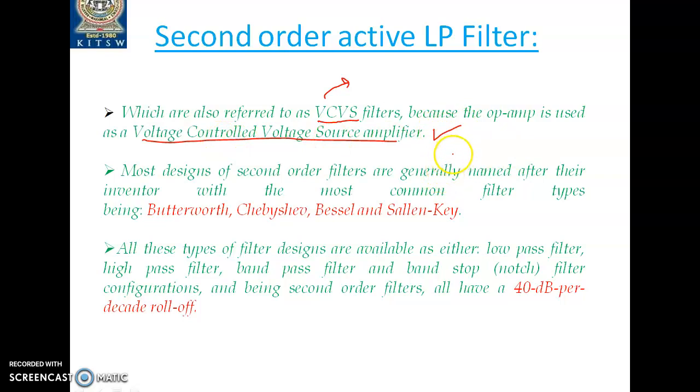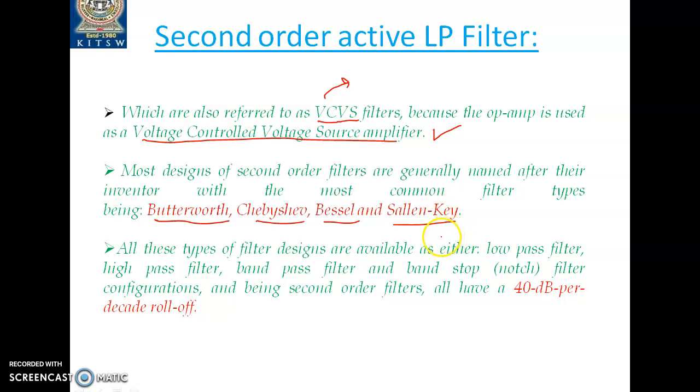And the second important point from the slide is that most designs of the second order filters are generally named after their inventor, with the most common filter types being Butterworth, Chebyshev, Bessel and Sallen-Key. Okay, so these are the four important categories of filter we are studying. But as far as our syllabus is concerned, we are only restricted to study the filters which are suitable for audio frequency applications.